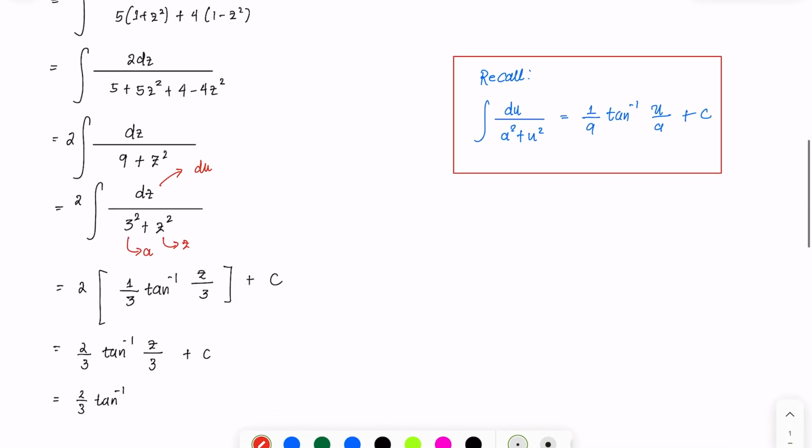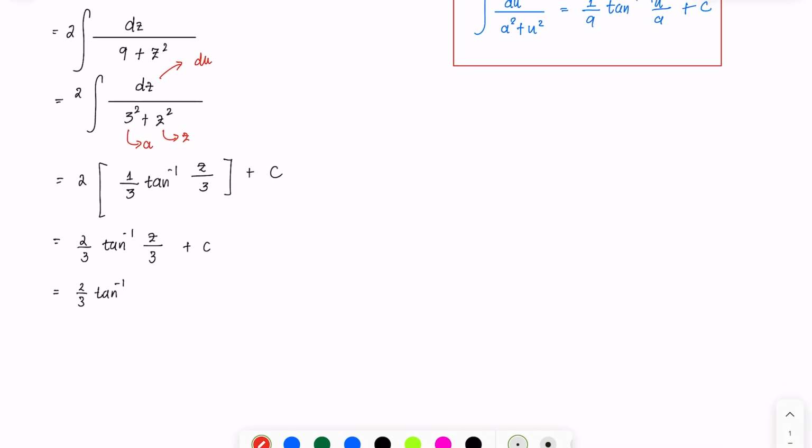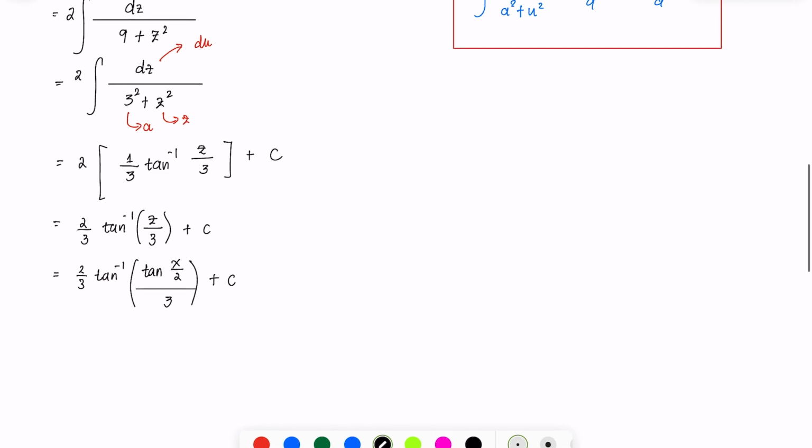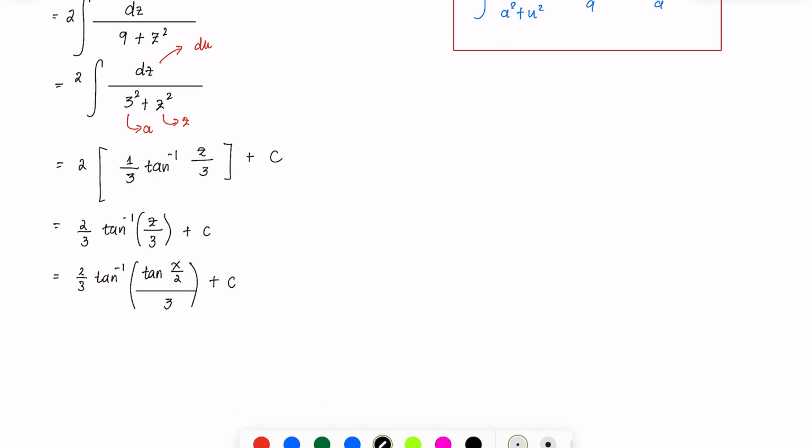So we do the same thing over here. This will now become the tangent inverse of tan of x over 2 divided by 3, plus c, the integration constant.